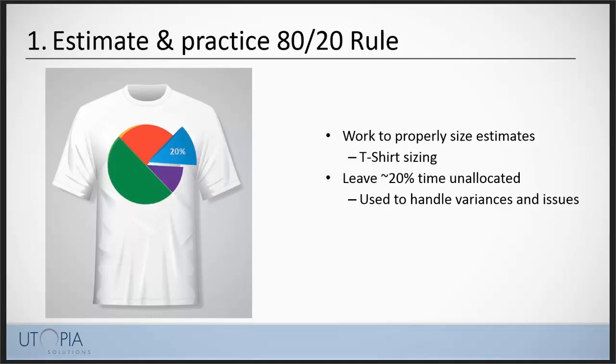Another example might be that your QA team might only have 25% of their time available to test. So you've got to talk all those things through and do your best to estimate correctly, and leave about 20% of that time each sprint unallocated so that you can handle variances and issues. Automation isn't magic, and this forces those discussions.